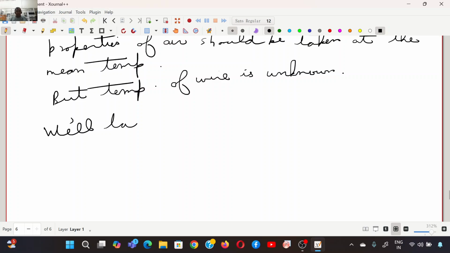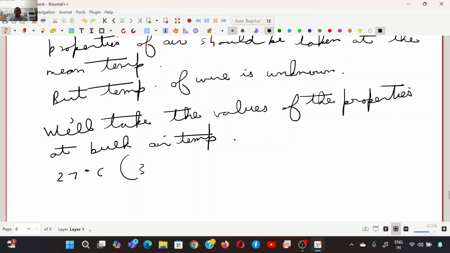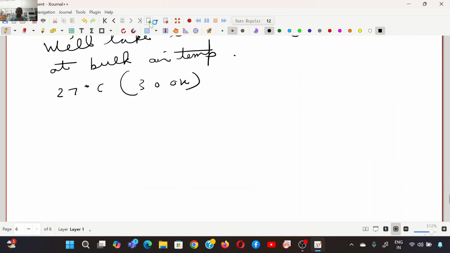We'll have to do a couple of iterations in this problem. So what's the bulk air temperature? It's 300 Kelvin now. So yeah, like the previous problem, the pressure is also 1 atmospheric pressure. Note down the air properties at these conditions.